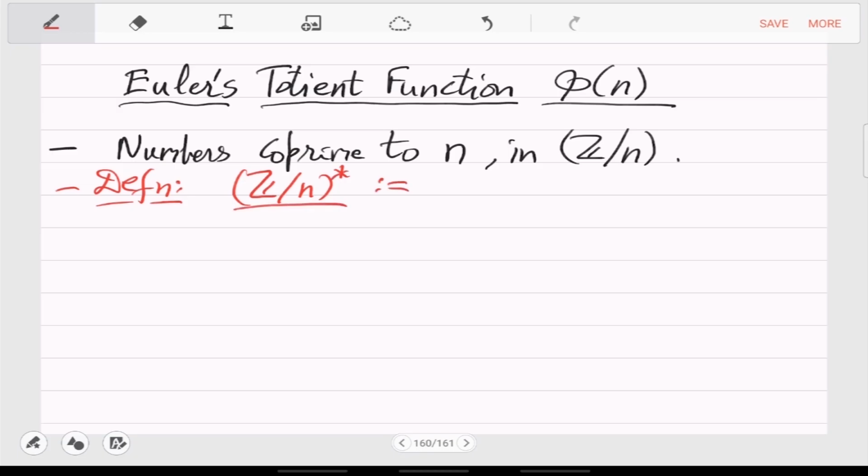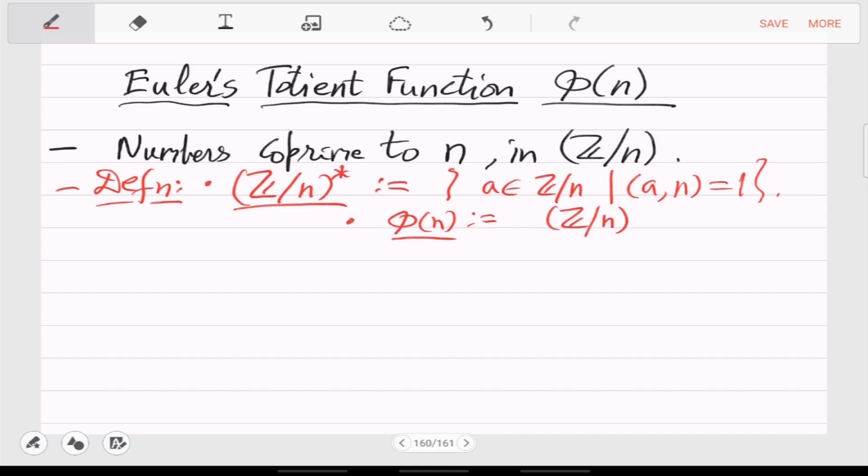Okay, so this is the set of elements a in Zn such that a and n are co-prime, and its size is phi of n. Okay, is this clear?